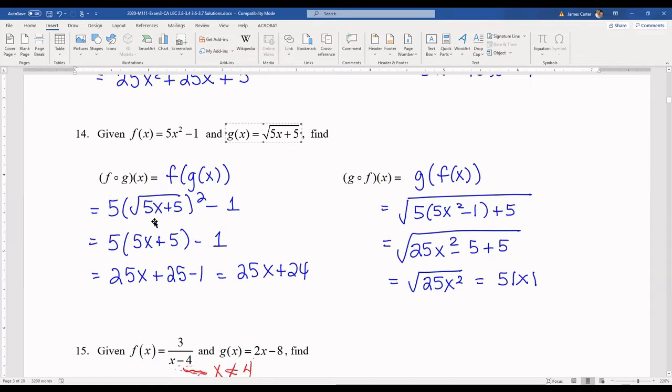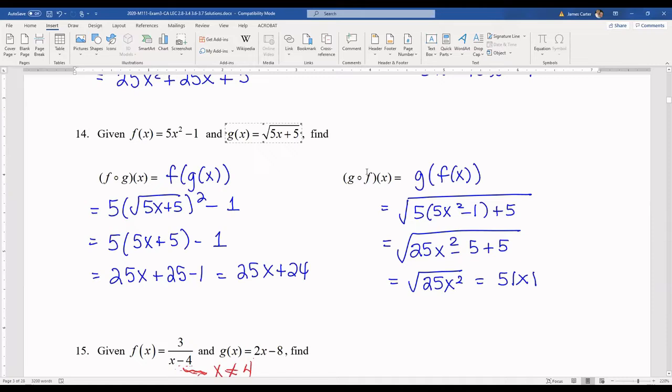Well, this square root of 5x plus 5 squared is just 5x plus 5. So now I distribute that 5 out front, getting 25x plus 25 minus 1. And I simplify that to 25x plus 24.